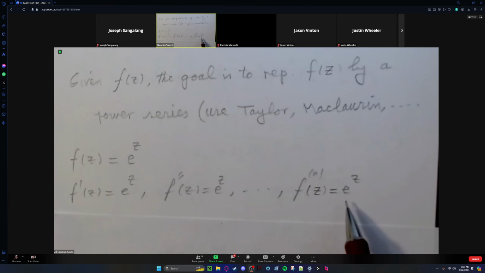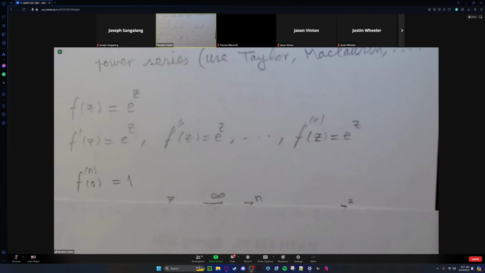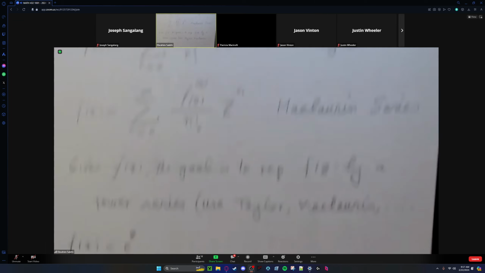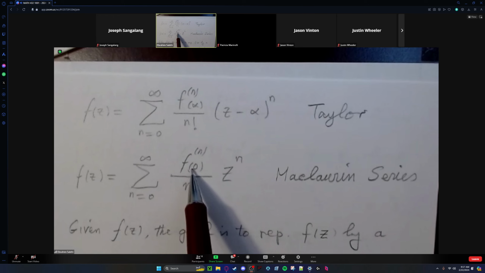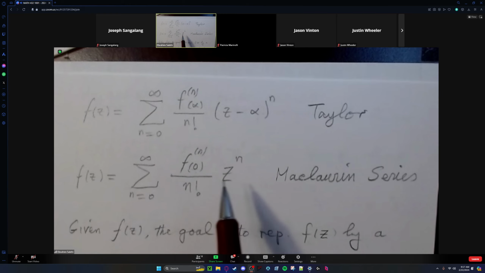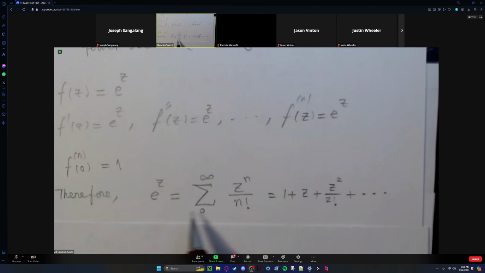E to the 0 is 1. So after finding the nth derivative evaluated at 0, it's 1. Remember, this is the Maclaurin series. So here you get 1 over n factorial, z to the n. That's it. This is the Maclaurin series of e to the z.